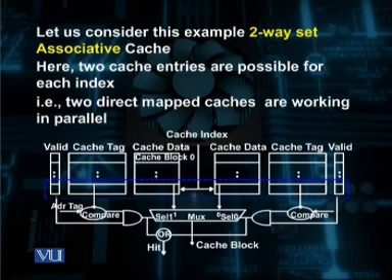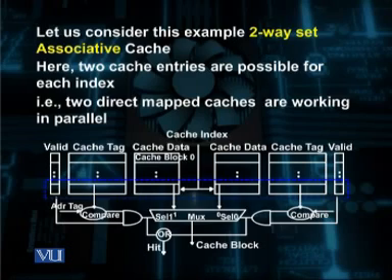Here you can see that the cache index selects a set from the cache. The two tags in the set are compared in parallel with the upper bits of the memory address. If neither tag matches the incoming address tag, we have a cache miss.